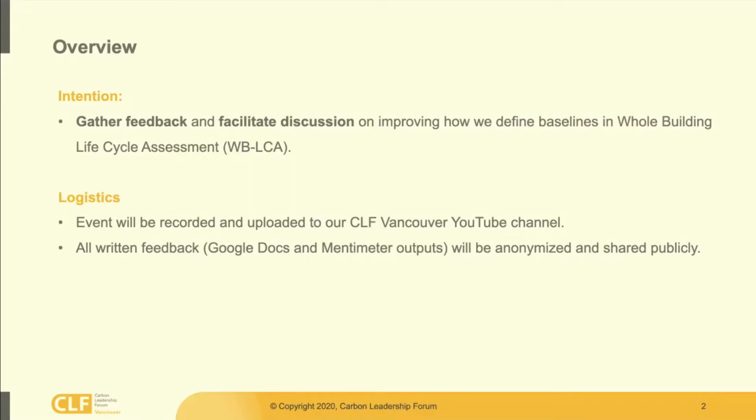The City of Vancouver will look at this set of outputs, but I'm sure others will too, whether you're an LCA practitioner, part of a green building certification program, or developing policy. A lot of people are going to be interested in this written feedback. So just to let you know, this will be shared publicly and anonymized.